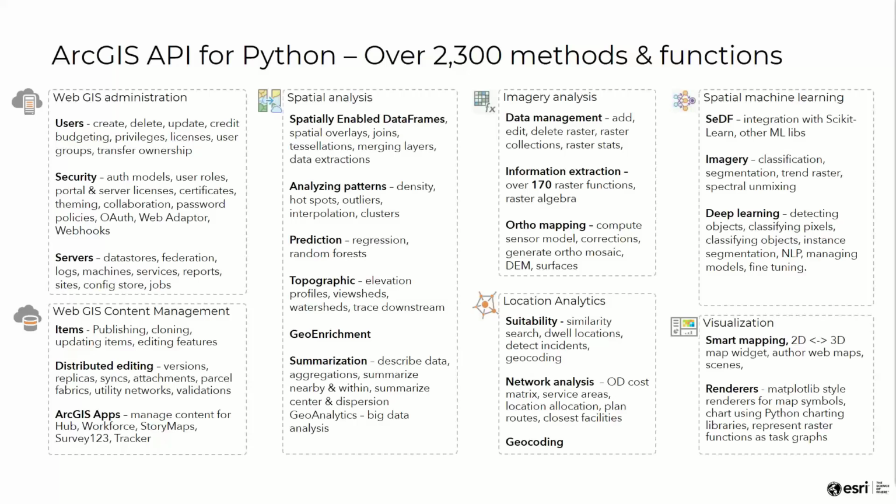And then we have the Python API that is a younger API. It came out, I would say, 3 or 4 years ago. It has grown really fast in a short period of time, has over 2,300 methods and functions. You can see some of them here, but again, not a comprehensive list.